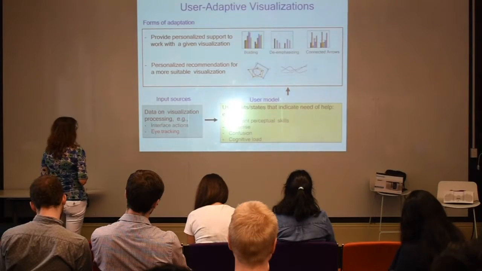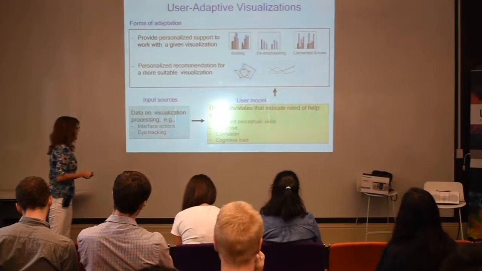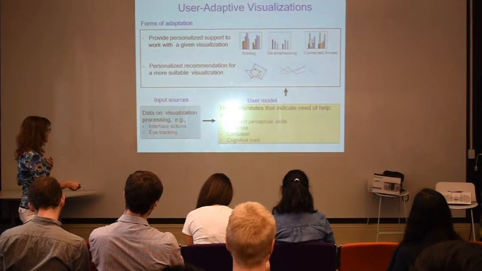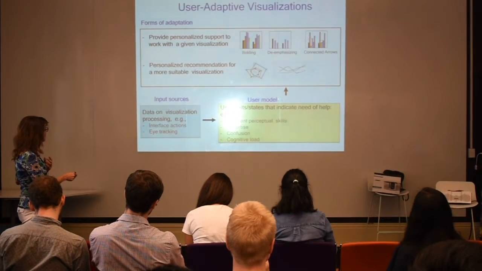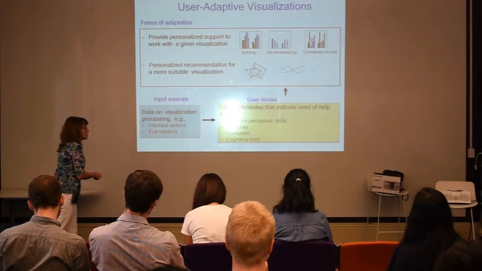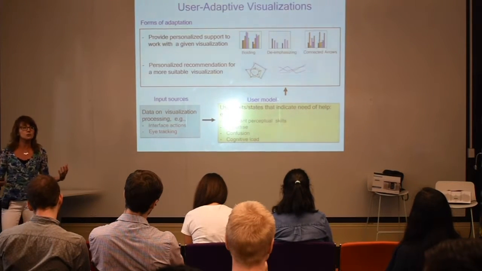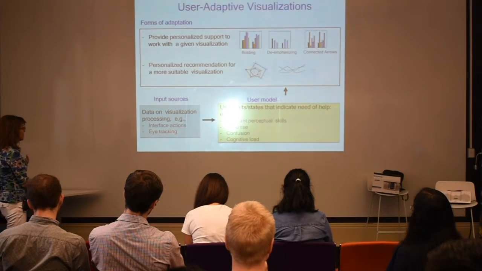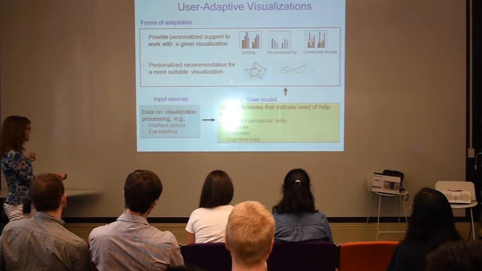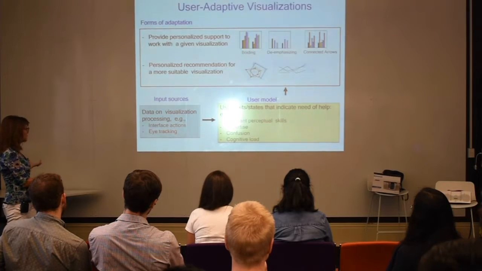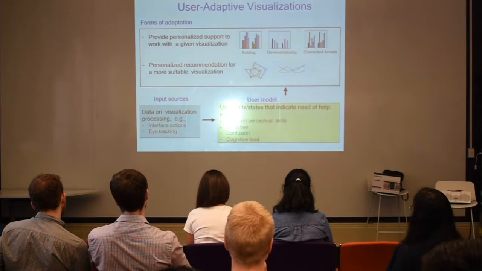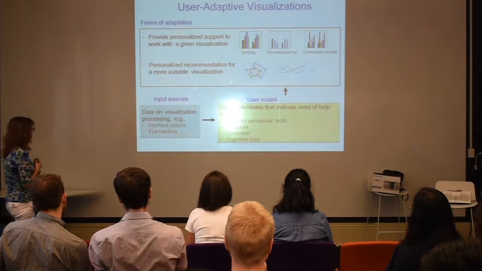And in order to do that, we're working on understanding how to build user models that capture relevant characteristics that could drive these forms of personalization, and looking at which input sources we can use to derive these abilities that, given what I showed you earlier, could relate to perceptual abilities, expertise, if the user is confused while looking at the visualization, the cognitive load.